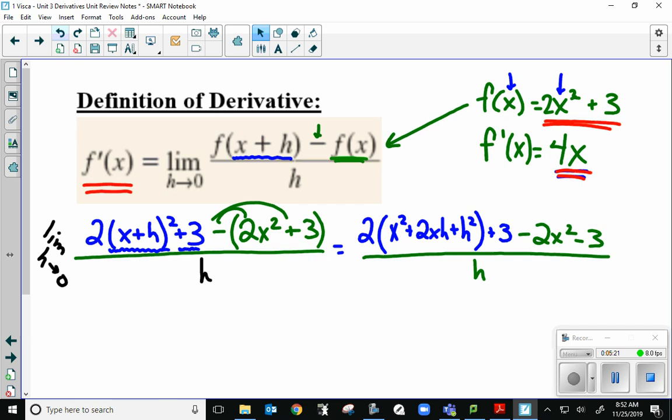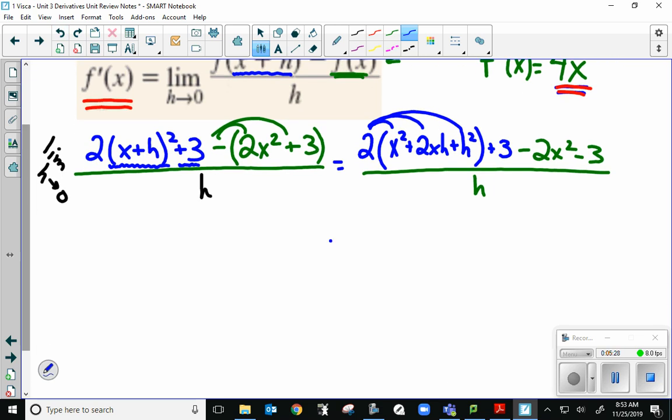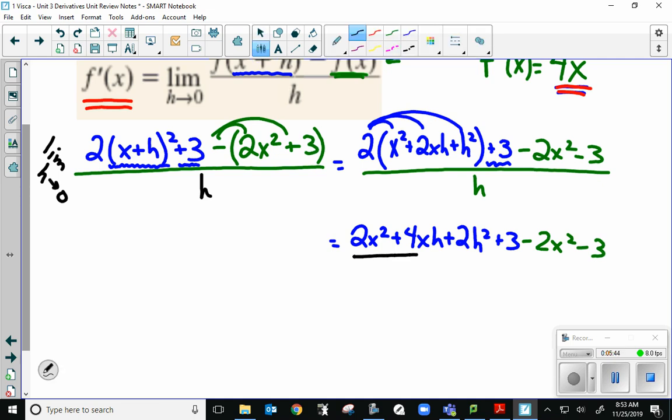I'm going to distribute this to each one of these 3 terms, and I should have as follows: 2x squared plus 4xh plus 2h squared. Still have my plus 3. I have minus 2x squared minus 3 all over h. And let's not forget, I really should be writing this every step of the way: the limit as h goes to 0.